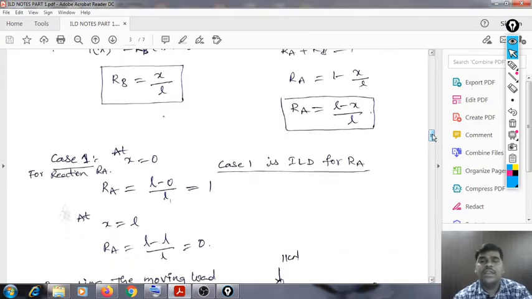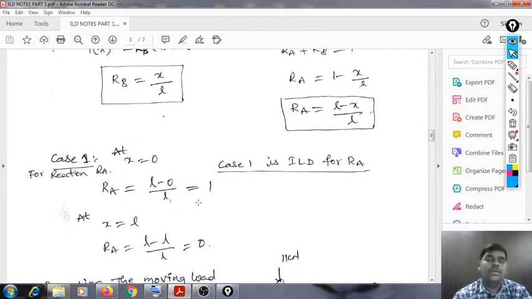The reaction RA's magnitude will change from one end to the other in the variation of (L minus X) by L, and reaction RB changes in the variation of X by L. In case 1, for reaction RA at X equal to 0, RA is (L minus 0) by L, which is equal to 1.